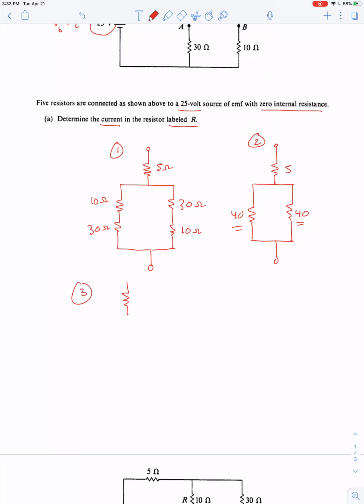In step 3, we get a 5 ohm resistor in series with 20 ohms. Isn't that the deal of having 2 identical resistances in parallel, having an equivalent value just equal to half of either one of their resistances? So finally, in step 4, we can say this whole circuit behaves as an equivalent resistance of 25 ohms.